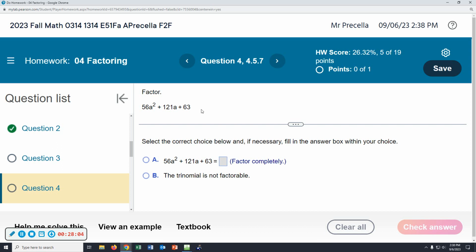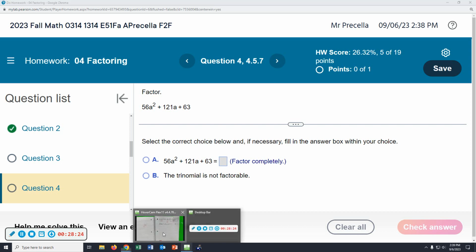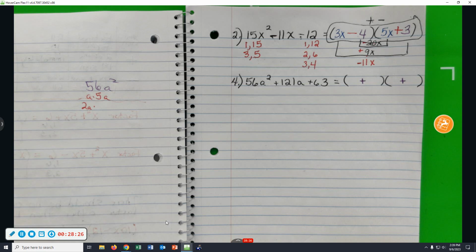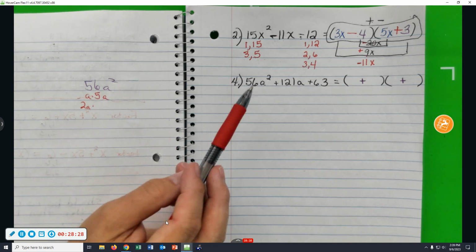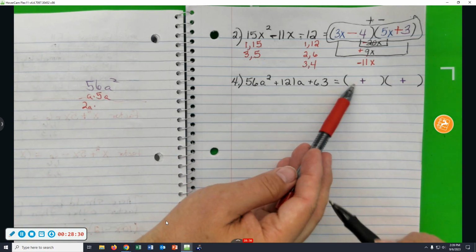Now here's where we start thinking. Numbers that multiply together to give 56. See, you just write the number part. You know what I do, Tony? For like 56a squared, I go, it could be 1a times 56a, or 2a times... wait, let me switch. I'm not saying this is better than what you're doing, because you know that for the a squared, you're going to have an a and an a, right?